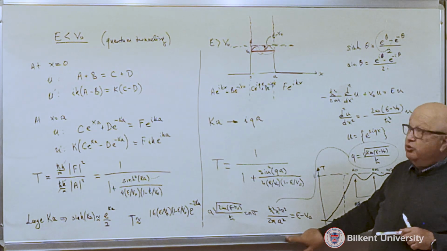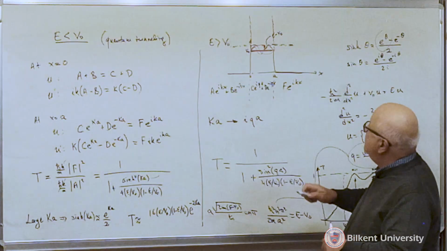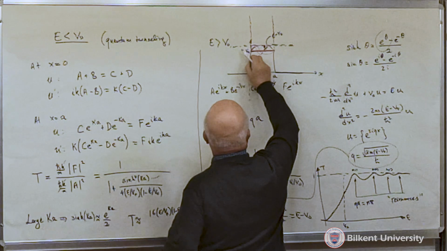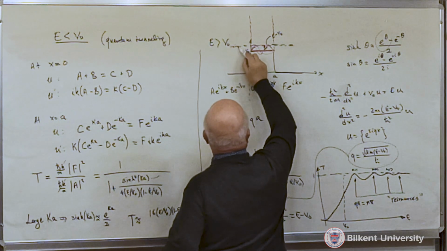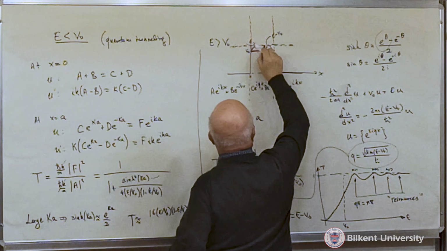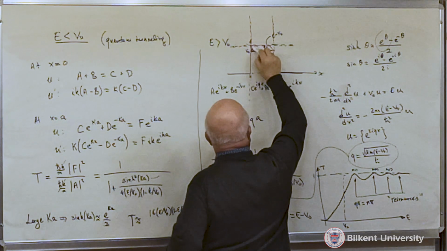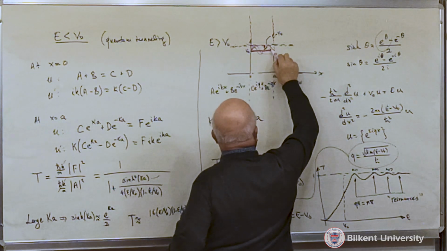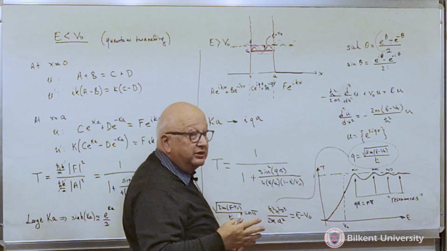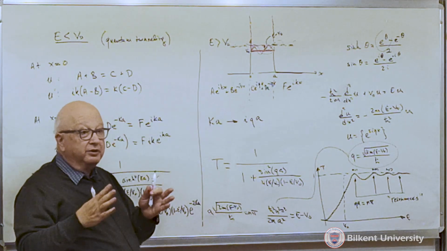Okay? So what is happening here is if I am sending the particle at one of these energies, it is coming in with a wavelength which becomes such that the wave function becomes 0 here and then continues on, becomes 0 here, and then continues again. Somehow it doesn't feel the barrier.